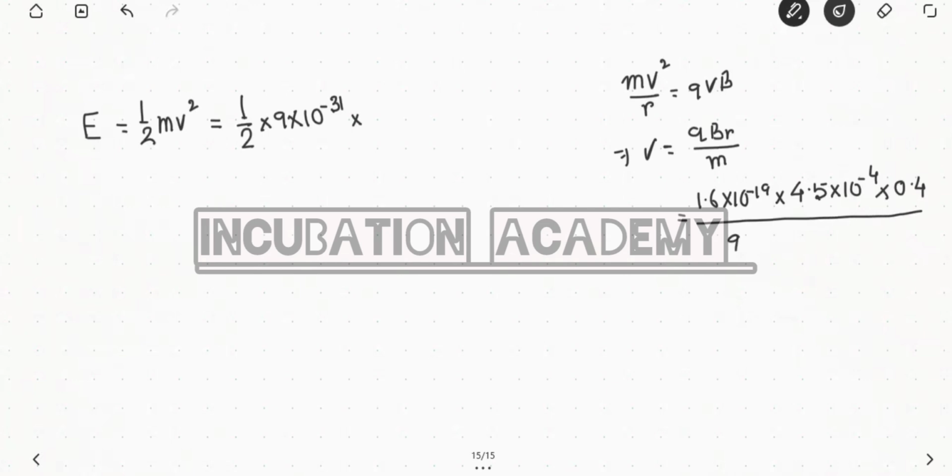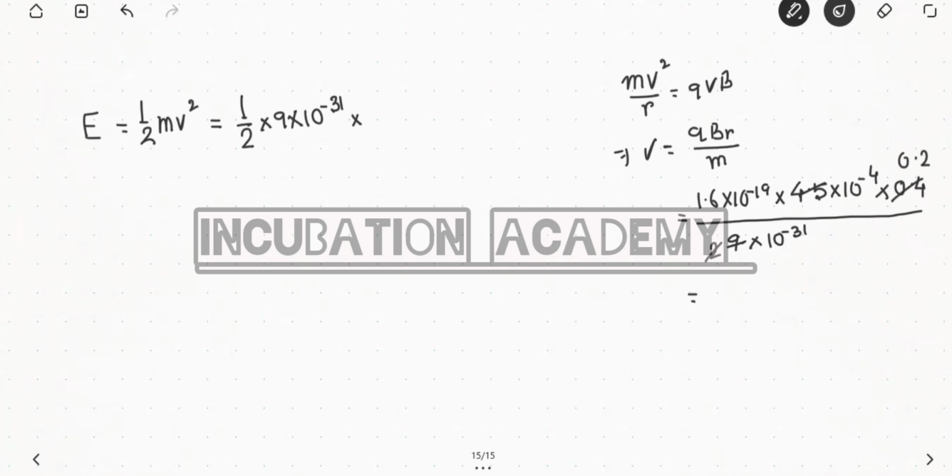Mass I am putting again here. It is 9 into 10 to the power minus 31. So obviously 4.5, 2 cancels here, and it is 0.2.